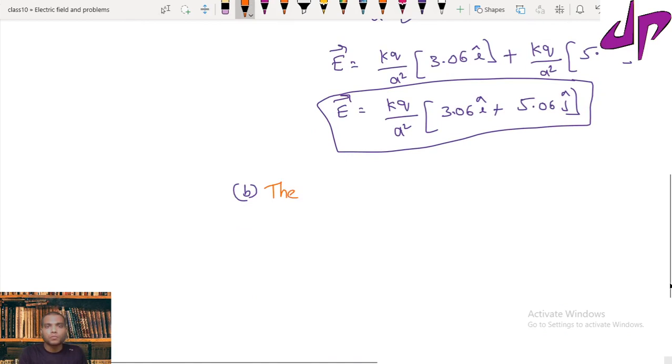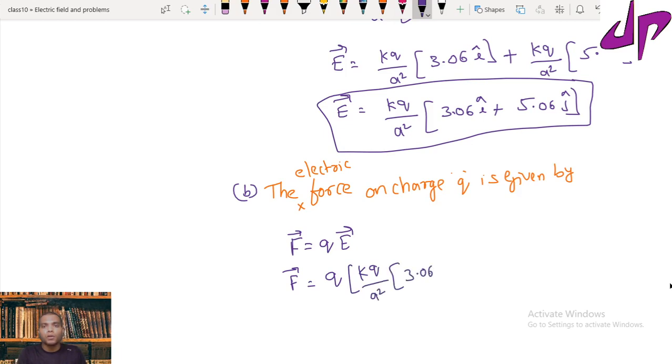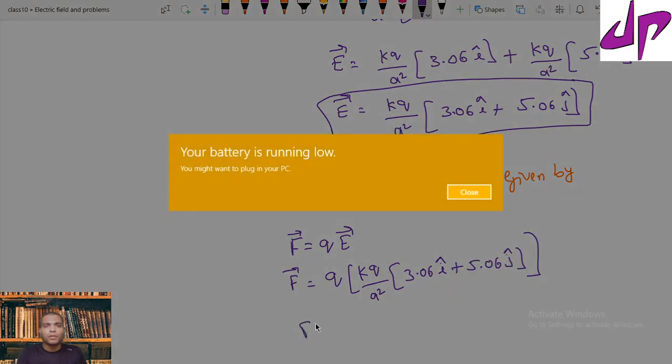The force means electric force, I should write it here. The electric force on charge q is given by the relation between force and electric field: force equals charge times electric field, F equals qE. Here the charge is q, and the electric field we got is k q by a square of 3.06 I cap plus 5.06 j cap.